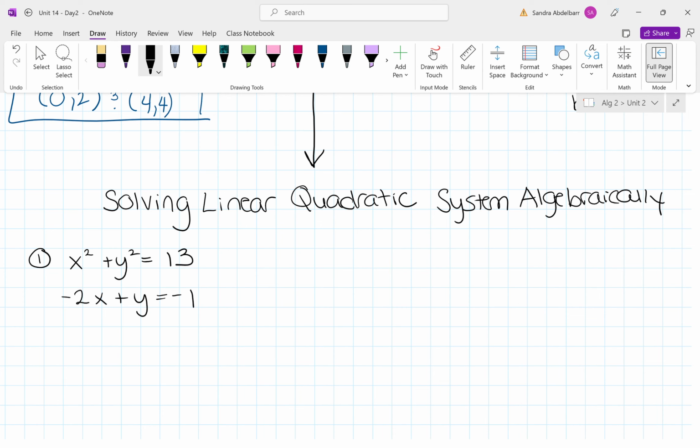So what we're going to do is take the linear equation, and I'm going to solve for one of its variables. So step 1, take linear equation, solve for one of its variables.